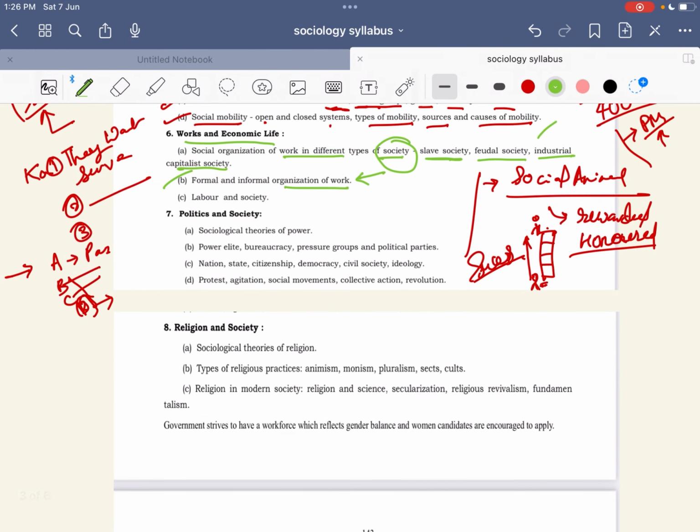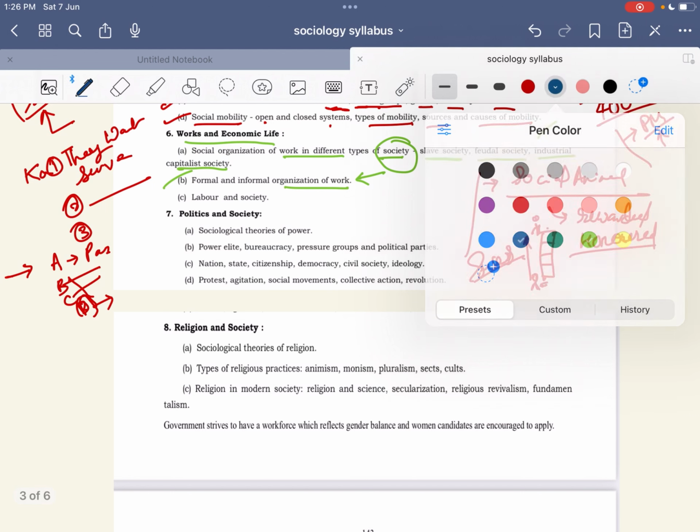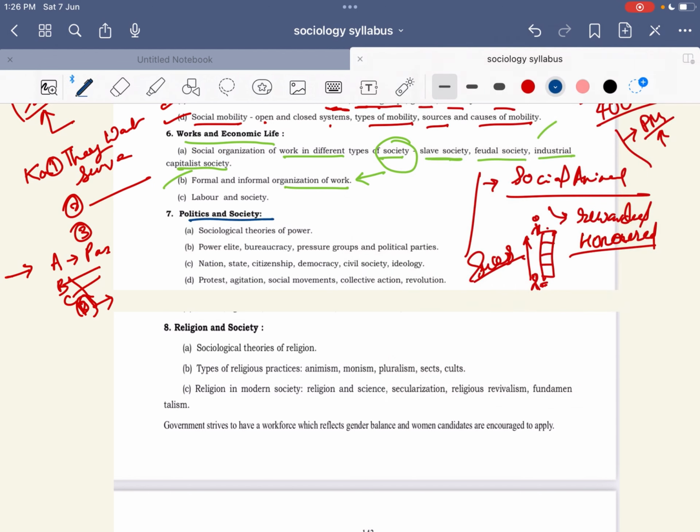Then there is politics and the society. Sociological theories of power. Okay, now you see, theories of power. Now I have already told, whenever students are asked why they want to become a civil servant, they give answers like they want to serve the society, or they are doing it for desh seva.